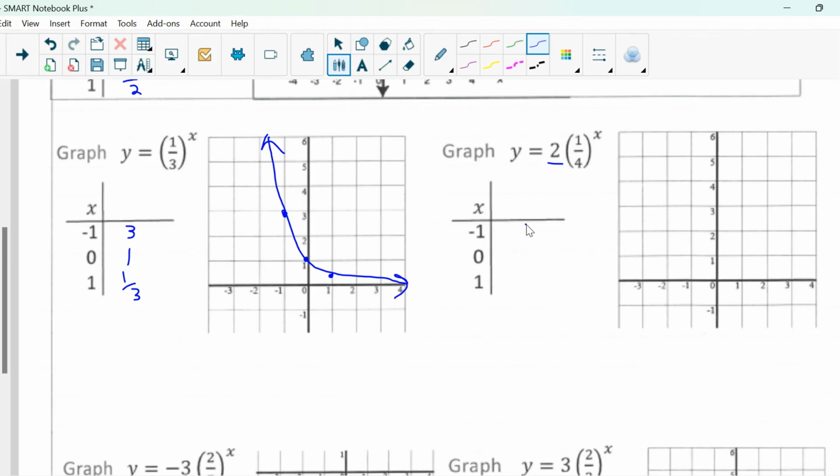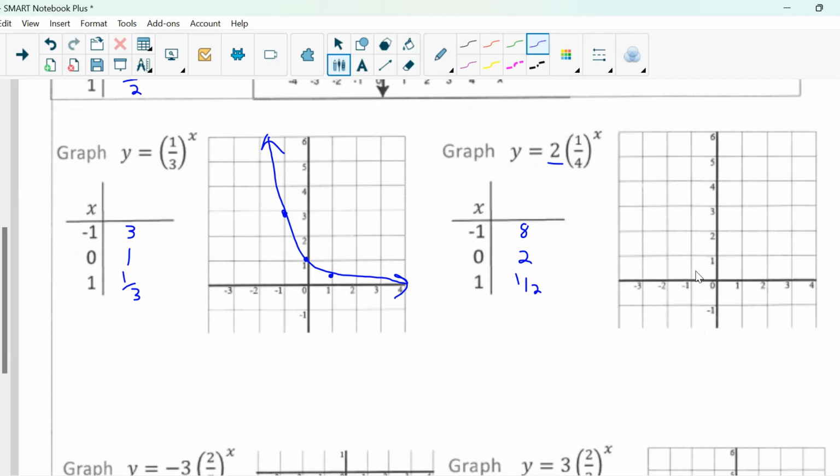4 times 2 will give us 8. For 0, we'll take 1/4 to the 0 power, which is just 1. 1 times 2 is just 2. And with 1, 1/4 to the first power is just 1/4. 1/4 times 2 is 1/2.